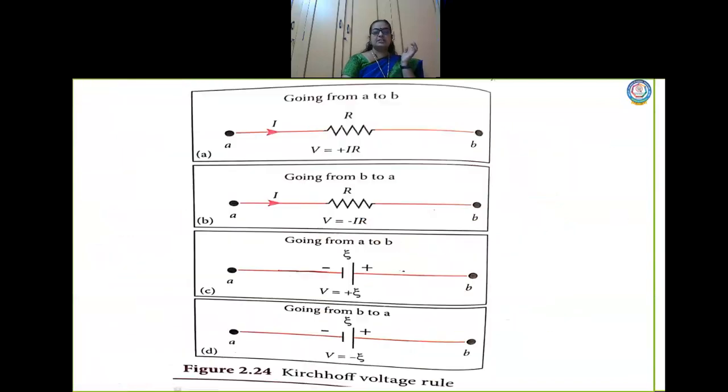Write those equations along with the sign convention. This sign convention diagram I want you to draw, and write it in words, in sentences. Both the rules: in the current rule we go for conservation of charge, then the voltage rule, then sign convention, and also conservation of energy.